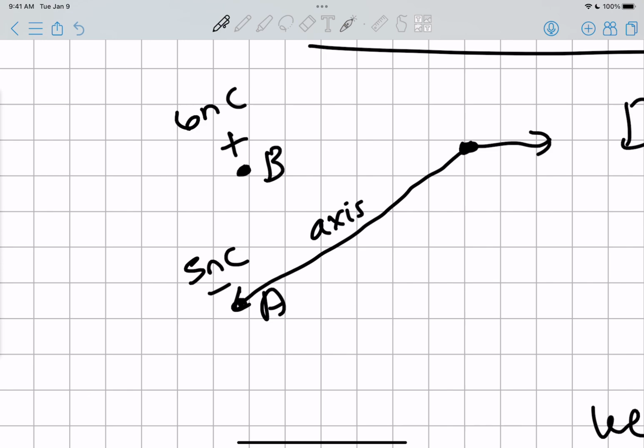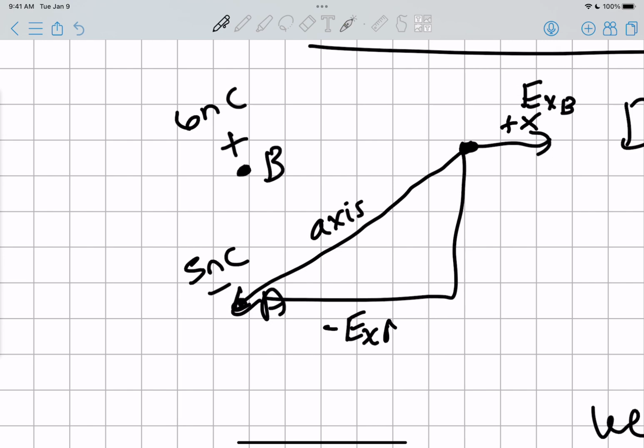Informally, I like to call it the electric field axis, which is just the shortest line between the two charges or the two points, right? So we have an electric field going this way and an electric field going that way, right? So here's a positive Ex from B, a negative Ex from A, and a negative Ey from A. And there's no Ey from B, right?